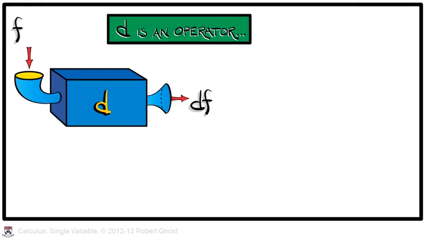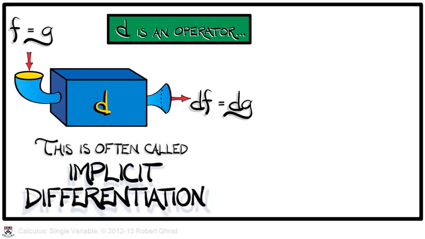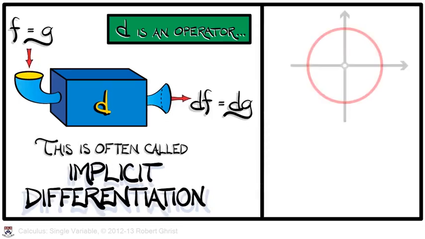Now, the fact that it's an operator means that we can differentiate an equation, something of the form f equals g. And what we will get out is again an equation, df equals dg. Now, you've probably seen this before. It goes under the name of implicit differentiation, and it's extremely useful.